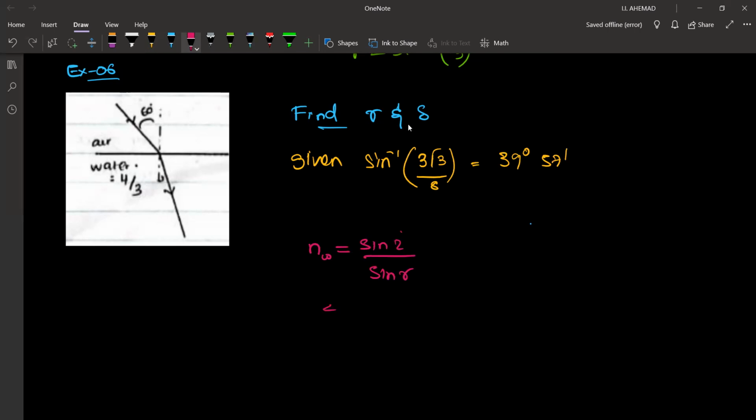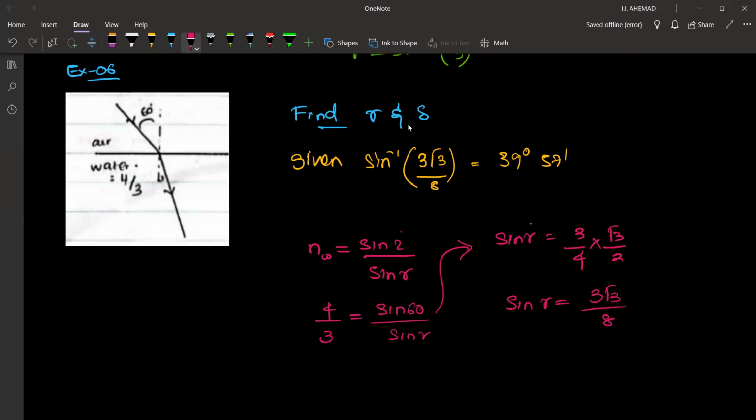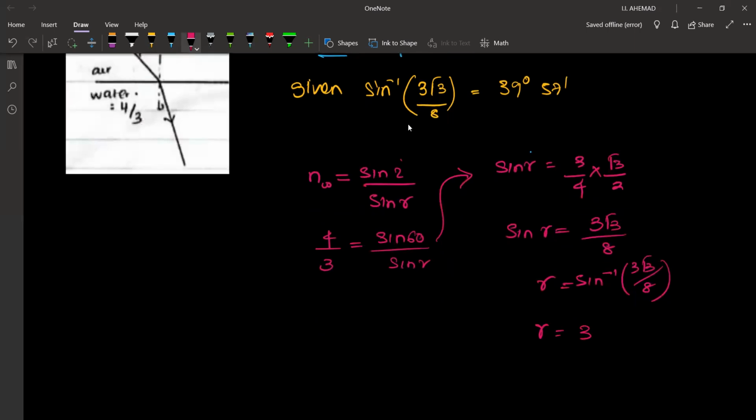So nw, that's 4 by 3, equal sine 60 over sine r. So sine r is equal 3 by 4 into sine 60. Sine 60 is root 3 by 2. So sine r is equal 3 root 3 over 8. So r is equal sine inverse 3 root 3 over 8, which is equal to 39 degree and 57 minutes.